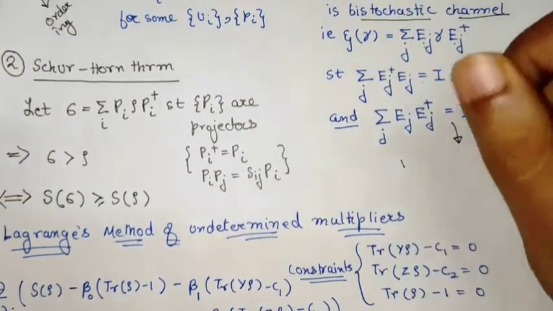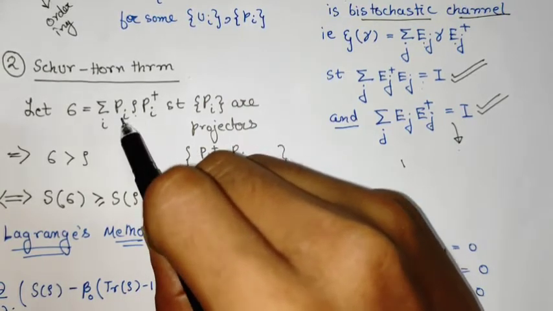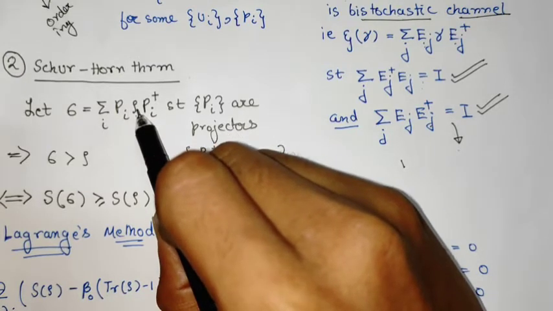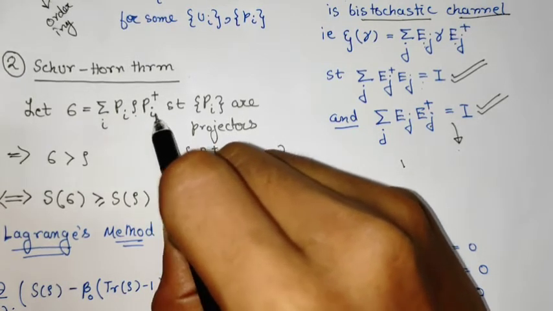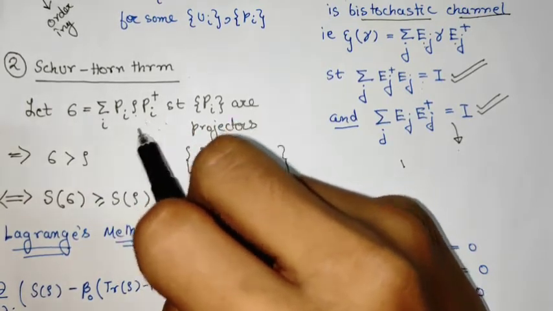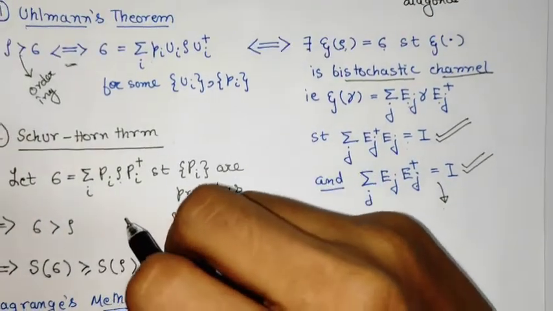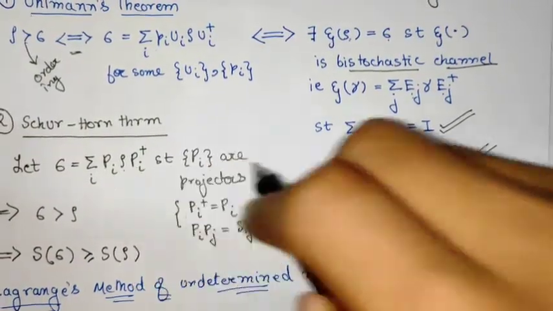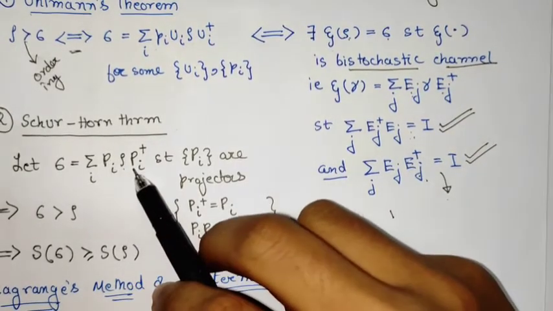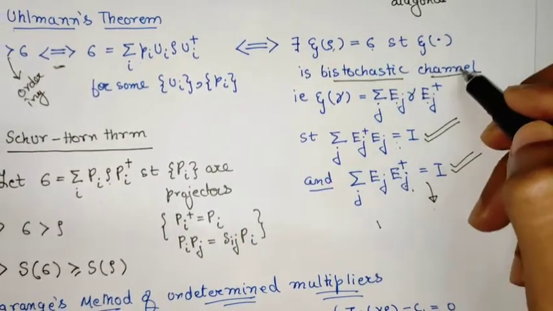It says that if we take a rho and project it, that is, take only the diagonal terms of rho (rho may be a non-diagonal matrix, but we take the diagonal terms by projecting it) and name this entire operation sigma, then these projector operators satisfy both conditions, and that means a projection channel, or non-selective measurement channel, is essentially a bistochastic channel.